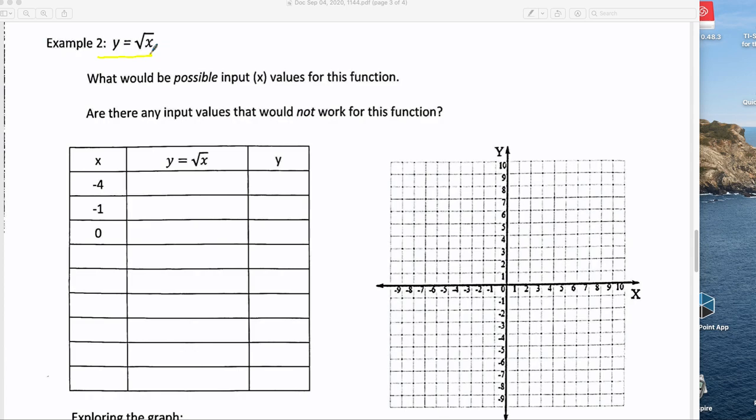Well, I can take the square root of 0, so I could put in a 0, and then any positive numbers. So what can't I put into this function? Negative numbers. I can't put negative numbers in for square roots.